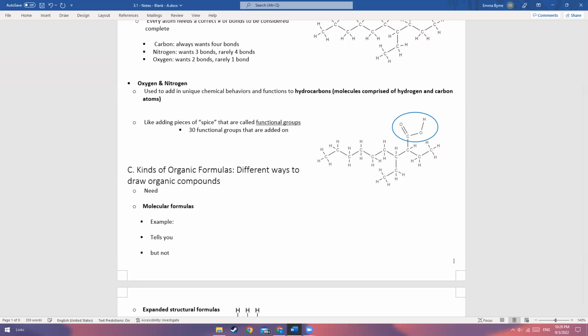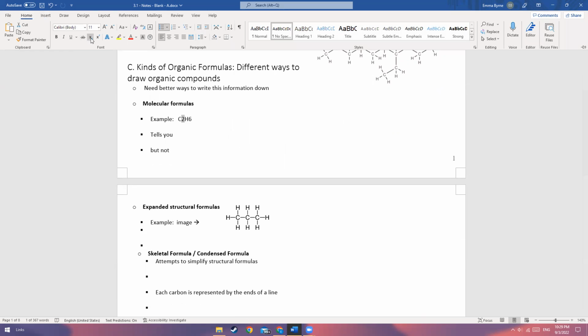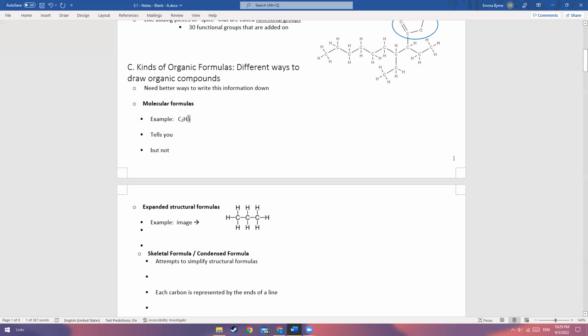It would be incredibly time consuming to draw out this complete structure every single time, right? And there's a couple different examples we're going to give here. So first is the molecular formula. So for example, just really quick, format this correctly. Remember that the numbers are subscripts.